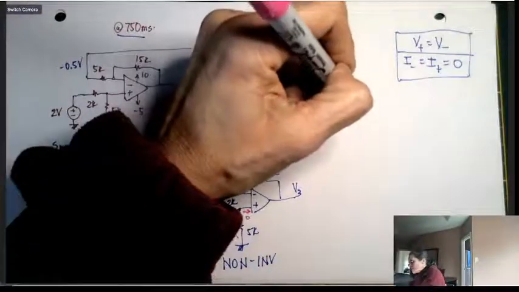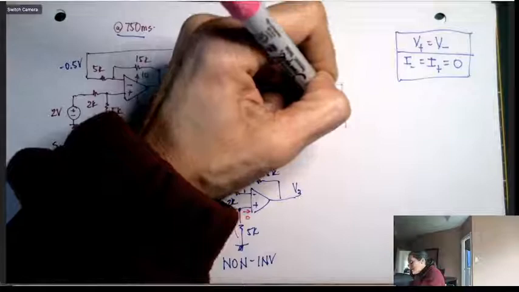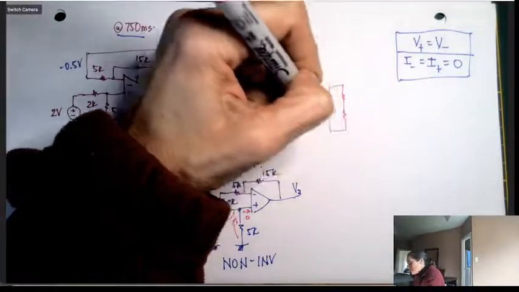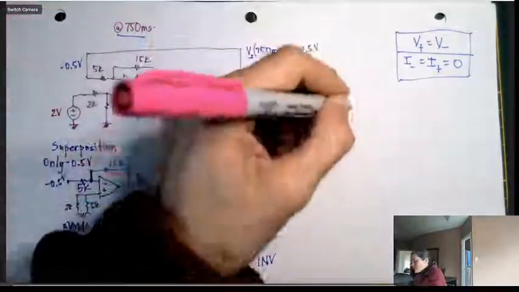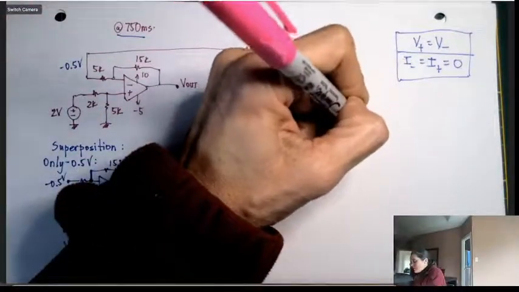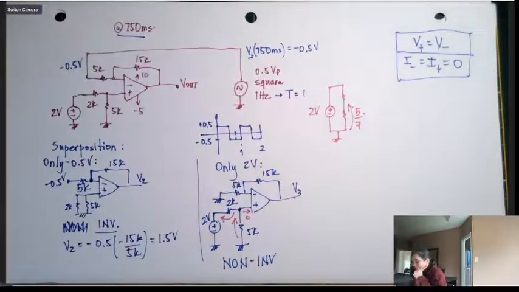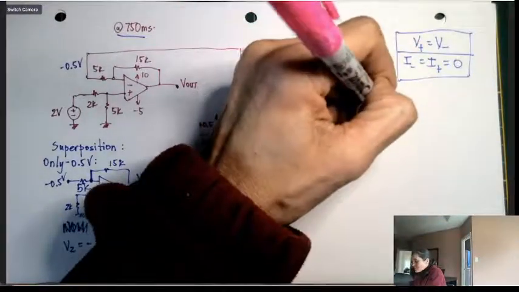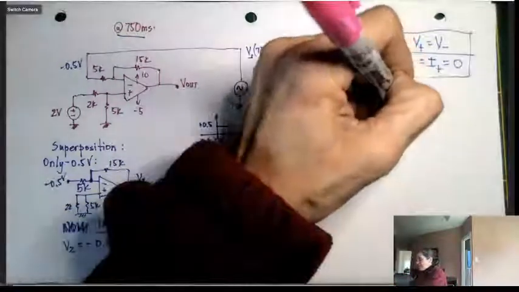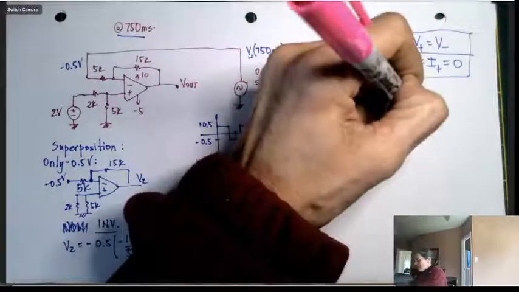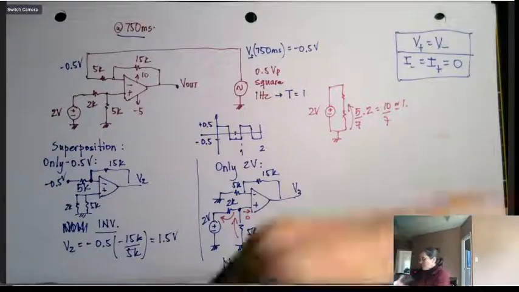So a voltage divider like that, with the plus on the top, 2 volts, and this is ground, this voltage here is 5/7 of the 2 volts, which is 10 divided by 7. If you don't have a calculator, it's going to be 1, and then 3 divided by 7 is almost 5, so I'm going to call this 1.4 volts.